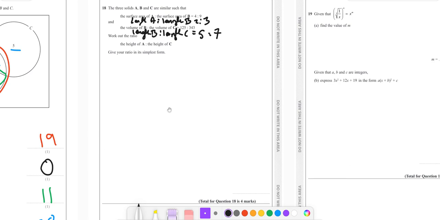So I could do something cunning and say that this is the same as the ratio 10 to 15 and multiply this one by 3. This is the ratio 15 to 21. So what I've got there is I've got a ratio now A to C of 10 to 21.